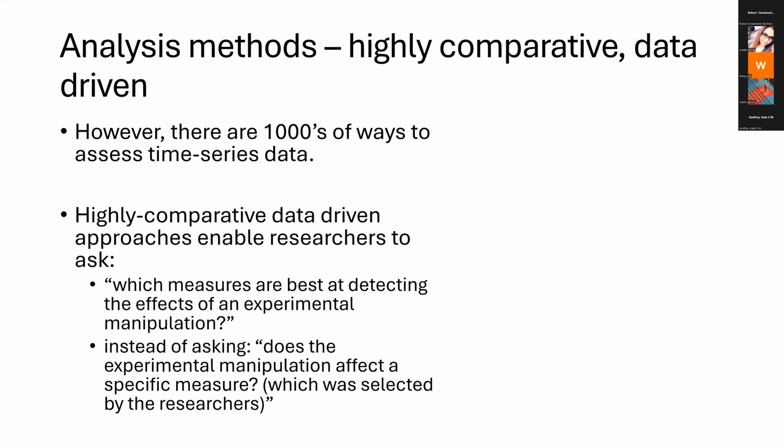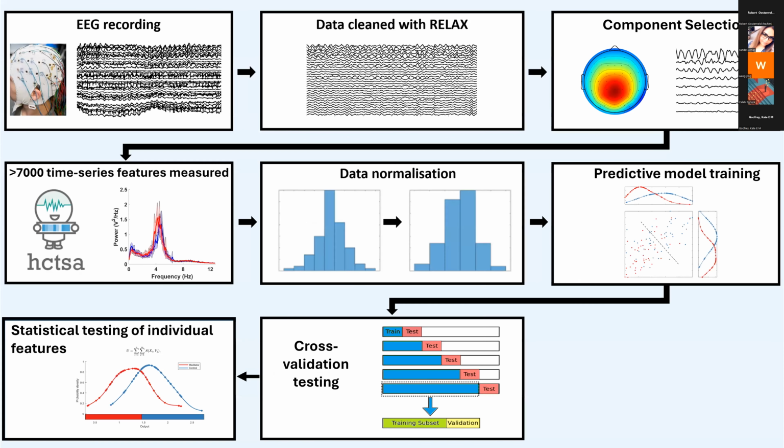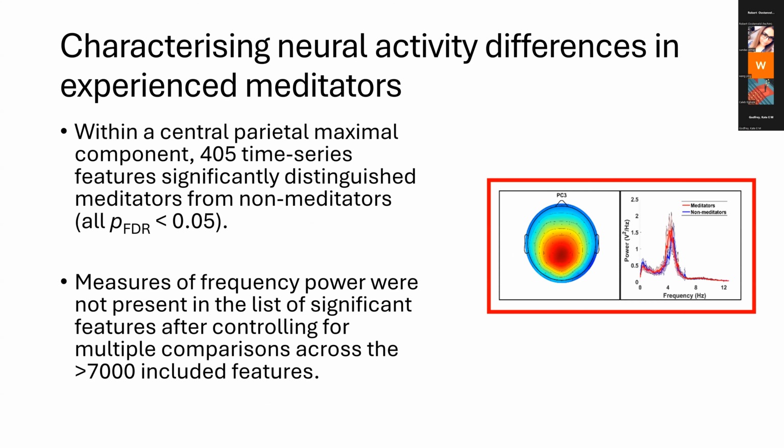So there's thousands of ways to analyze time series data, and EEG is time series data. So we've used something called a highly comparative time series analysis to see, out of 7,000 different ways of analyzing time series data, which types of time series analyses are best at differentiating different groups.